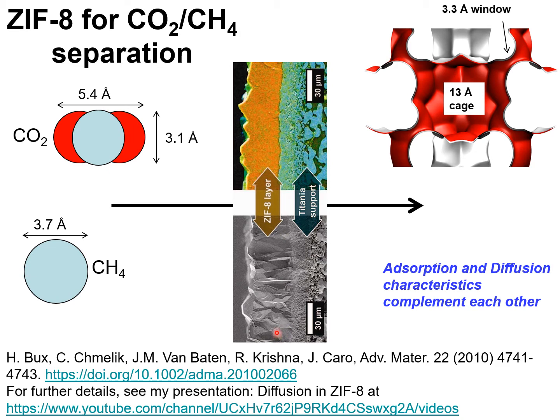Typically, the membrane would be constructed of thin layers of about 50 microns on a macroporous support, in this case, say a titanium support. ZIF8 is a good choice for separation of mixtures of, say, carbon dioxide and methane, carbon dioxide and hydrogen, methane and hydrogen.